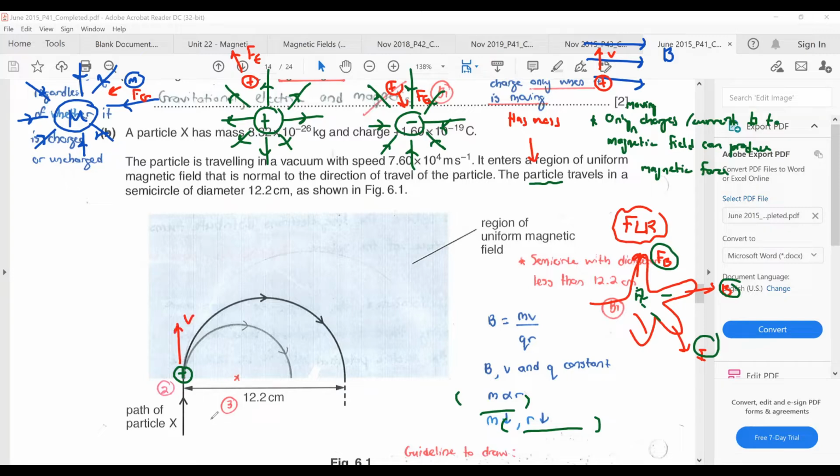Okay, this is the flow of positive charge in this direction.